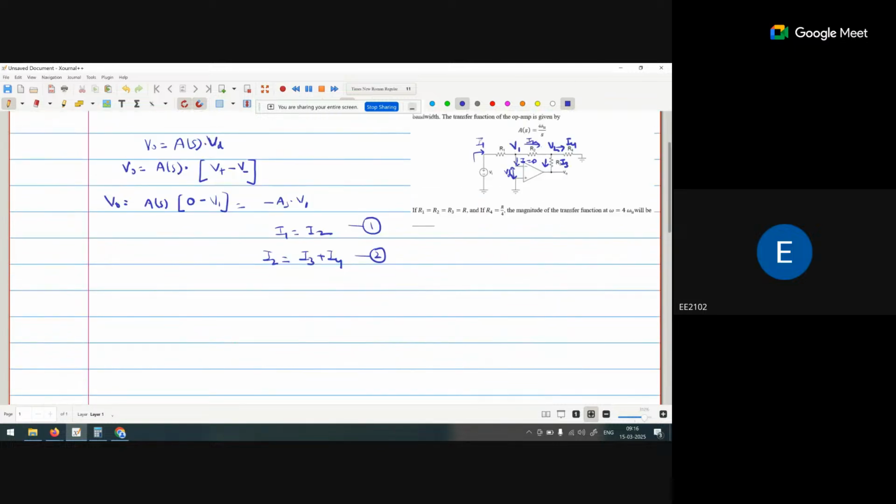Now what is I1? The current is coming from Vi to V1. So Vi minus V1 by R1 is equal to V1 minus V2 upon R2.